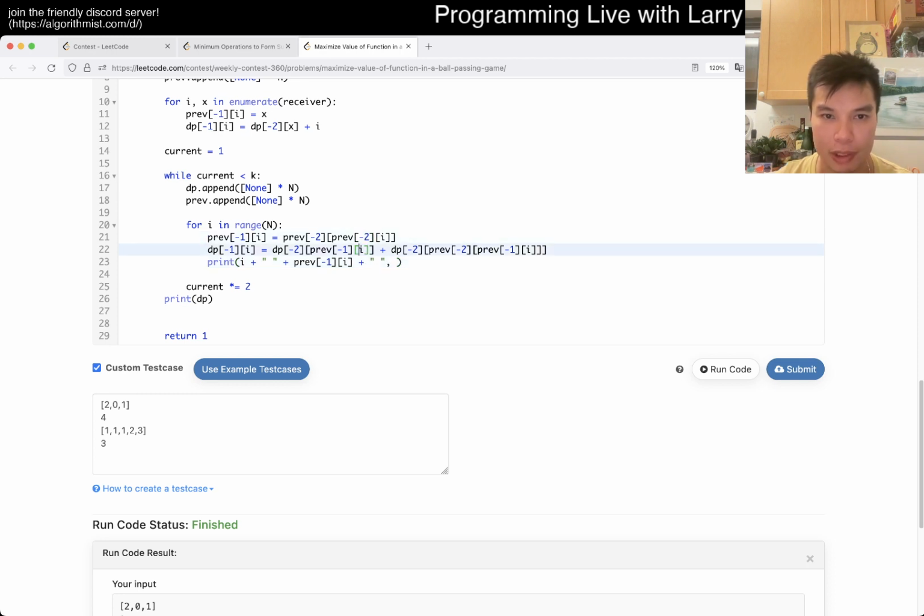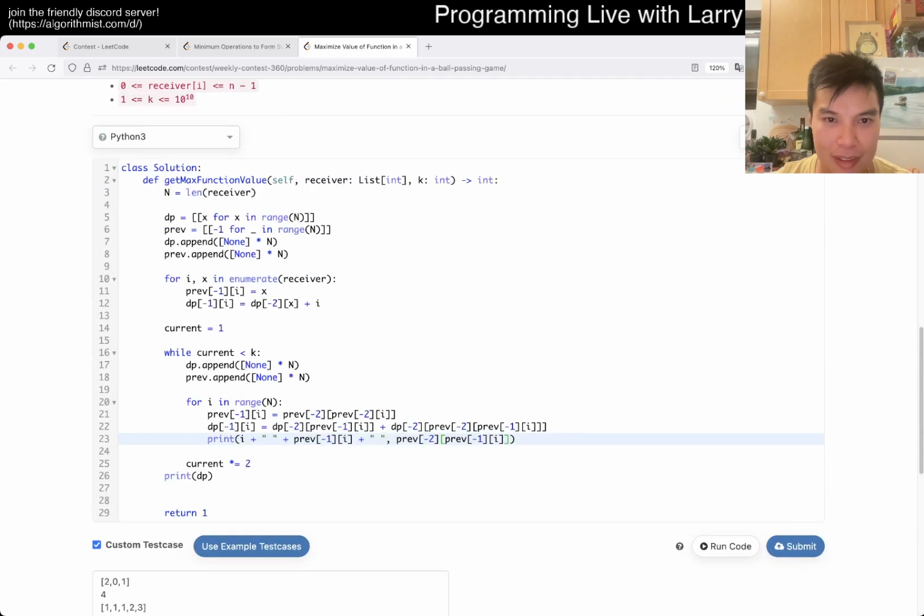Why am I writing it in weird ways? This is a mess of a day. But these are kind of hard problems, to be honest. I don't know.